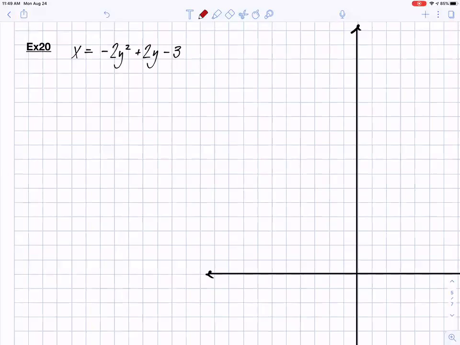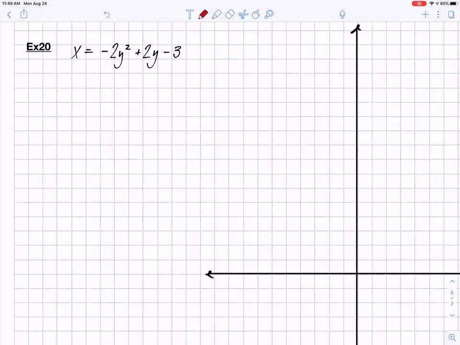Man, oh man. Okay, so tell me this. Is this going to be an up-down, or is it going to be a right-left? Right-left. Why is it going to be a right-left? My y's are squared. Think of the standard equation. What would I like to have alone on one side? My y's.